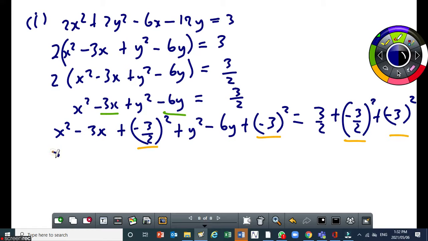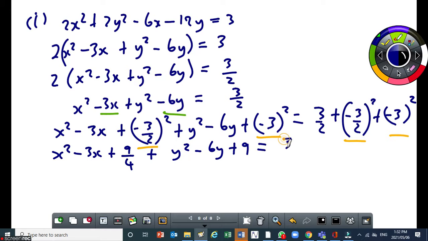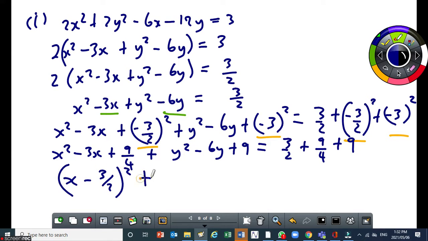So once I do that, I'll create my two trinomials. Now this becomes x squared minus 3x plus 9 over 4, and that one becomes y squared minus 6y plus 9, equal to 3 over 2 plus 9 over 4 plus 9. Factorize this, you don't have to think. Your binomial is going to have half of the coefficient of x, which is 3 over 2, squared, plus y minus 3 all squared.